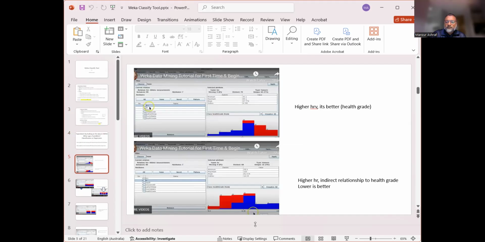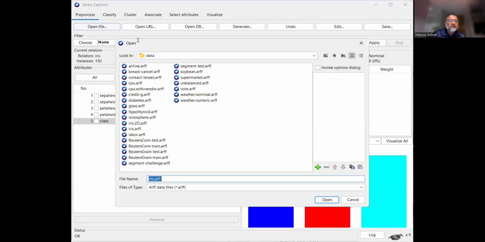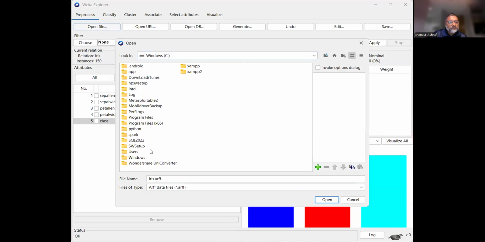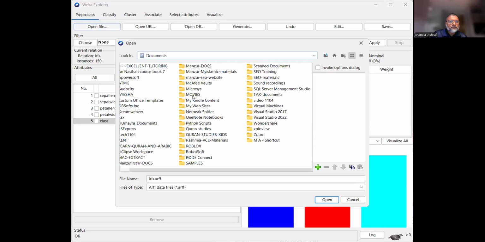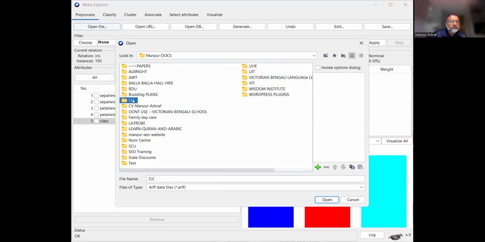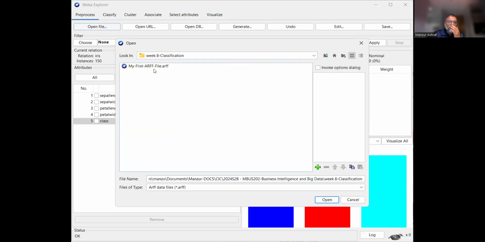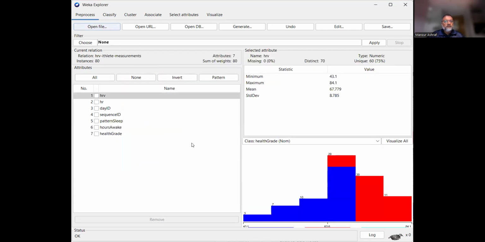Okay, the first thing is that I shared the WEKA Explorer tool, and I open, first of all, this is one of the files.